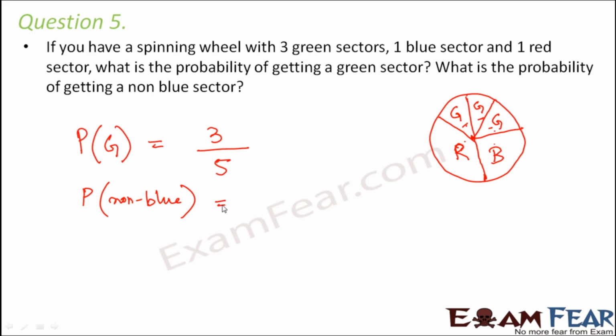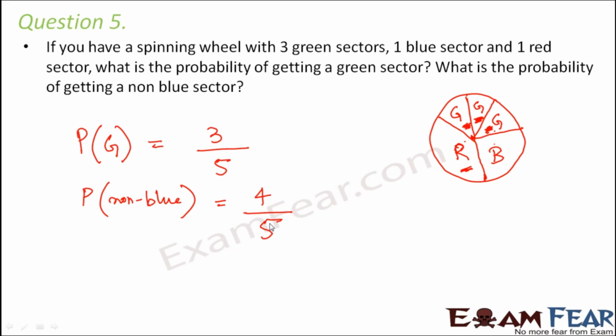What is the total number of possible outcomes for a non-blue sector? This is a non-blue sector, this is a non-blue sector, this is a non-blue sector, and this is a non-blue sector. So there are 4 possible outcomes for a non-blue sector. And the total number of outcomes is again 5. So the probability of getting a non-blue sector is 4 by 5.